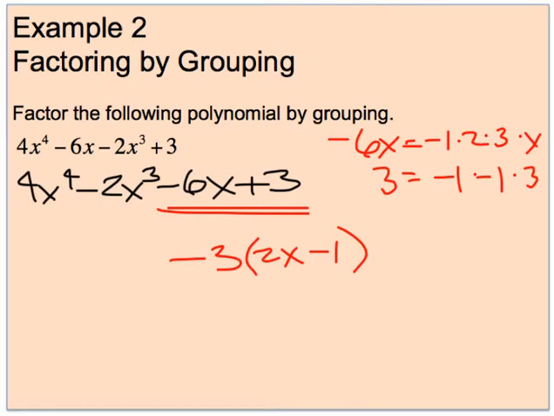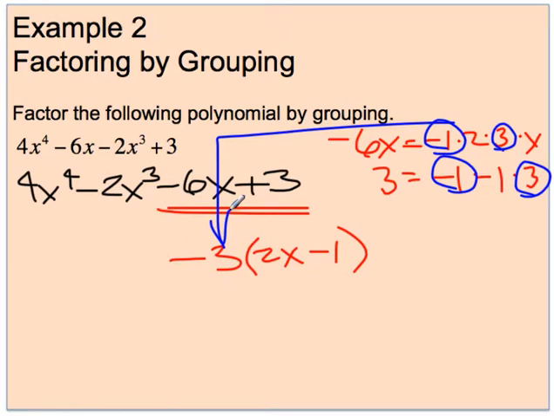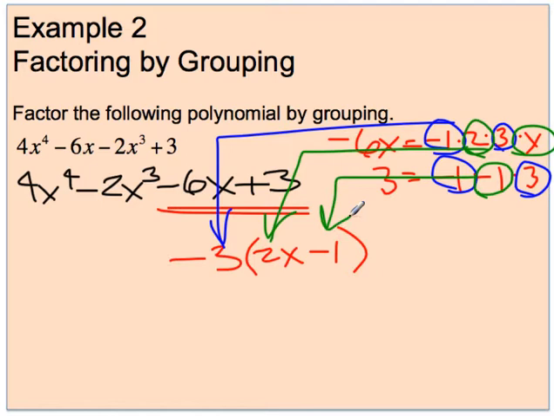Now the reason I've included a double negative here is because I need at least one negative 1 and a positive 3. That's what allows me to pull out this negative 3. The remainder then is 2x, which is where this 2x comes from, and the negative 1, which is where that negative 1 comes from.